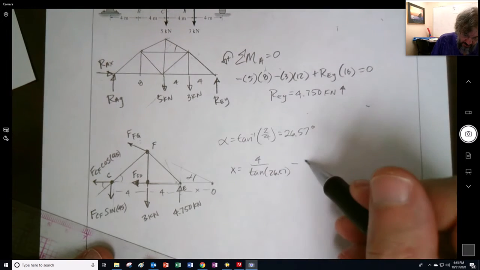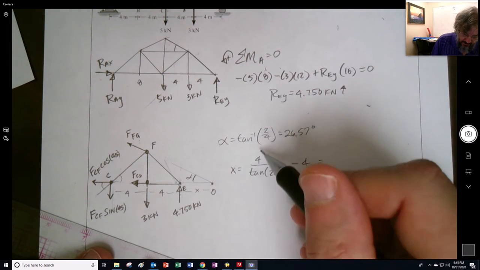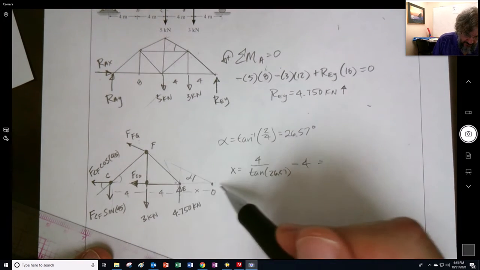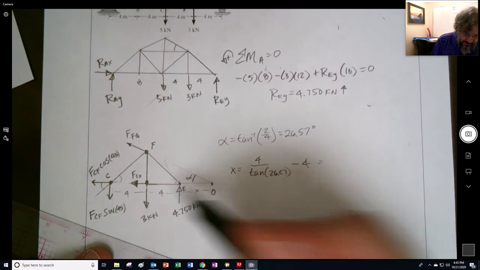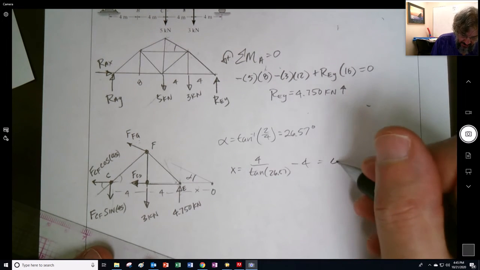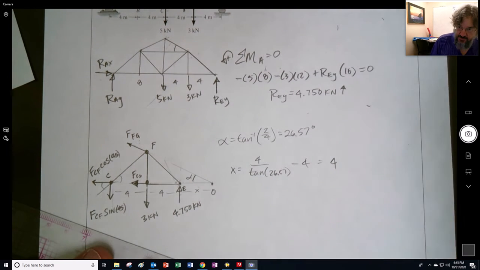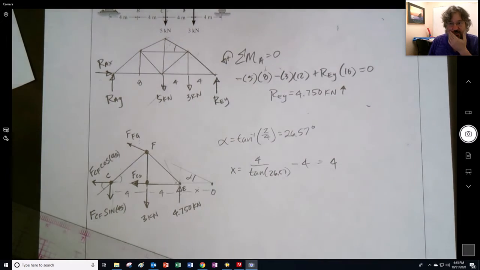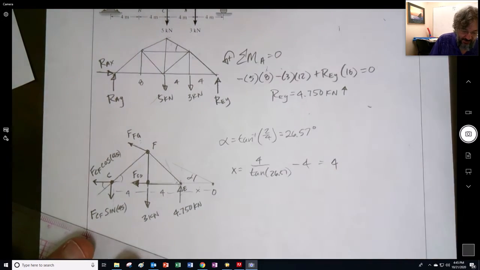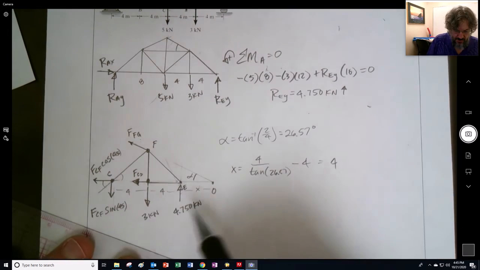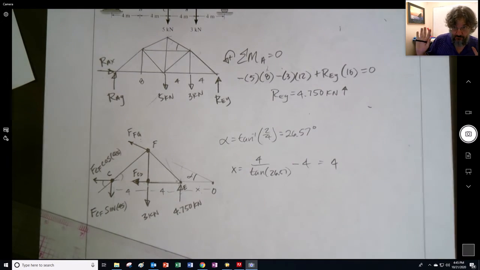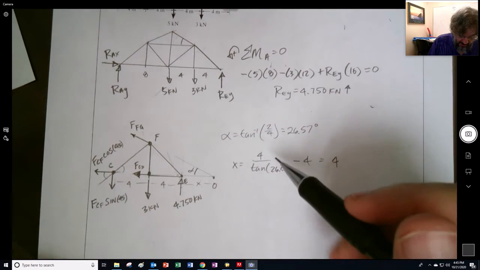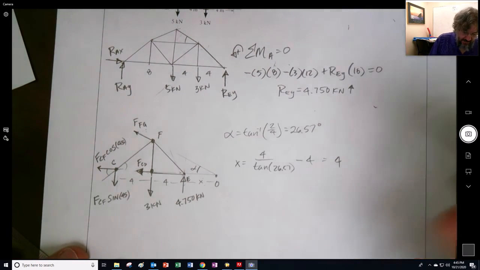So I found this total length, and then subtract out 4, and what we end up finding is that it equals 4, right? I swear there must be some simpler way to look at that and decide that must be 4. So that's 4, 4, 4. Anyway, but it doesn't end up being 4.